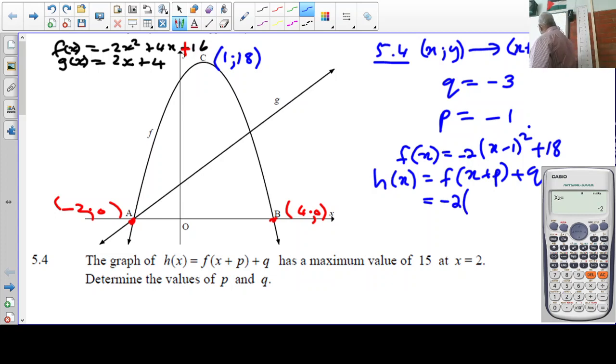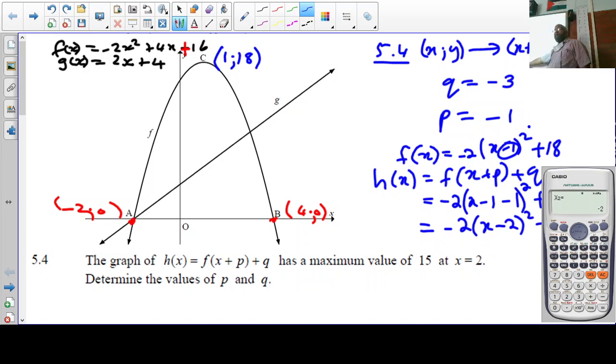So it's going to be x minus 1 minus 1. Can you see that? Squared plus 18. And then we said the graph is moving 3 units down. So it's minus 3. Which means now you got negative 2 into x minus 2 squared plus 15.